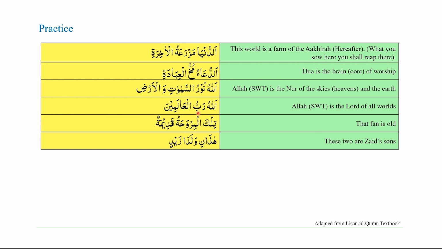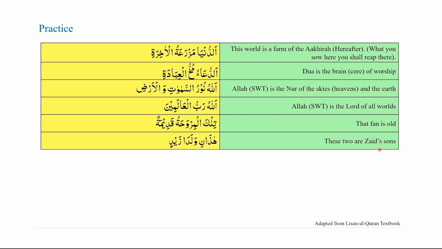Allahu Rabbul Alamina. Rabbul Alamina is a murakkab izafi that is being used as khabar. That fan is old. Tilkal mirwahatu qadimatun. In this example, tilkal mirwahatu is murakkab ishari or demonstrative phrase and it is being used as mubtada.